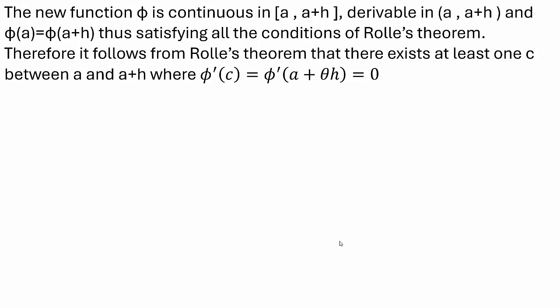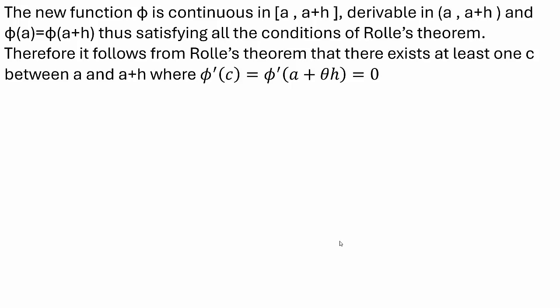The new function phi is continuous in the closed interval [a, a plus h], because it is a polynomial function. It is derivable in the open interval (a, a plus h), and we have taken phi of a equal to phi of a plus h. This says that phi satisfies all the conditions of Rolle's theorem.